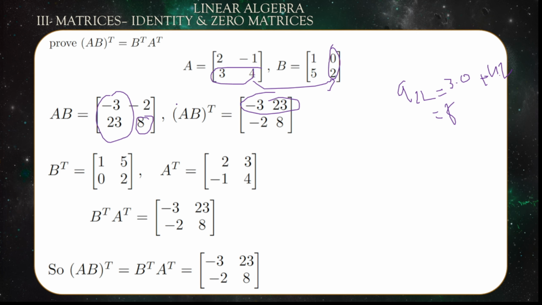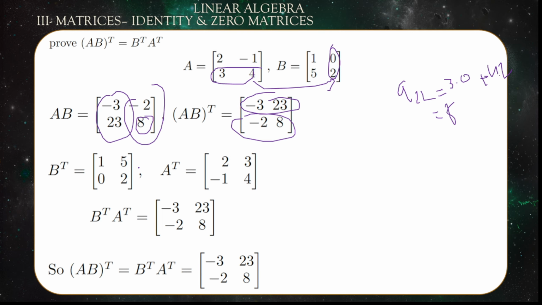Actually, this is more fitting for me. So the column becomes row and row becomes column. Whatever way you want to do it. So minus 3, 23, that was a column, becomes a row. Then minus 2, 8, this was a column, it becomes a row. Minus 2, 8. Okay, great.